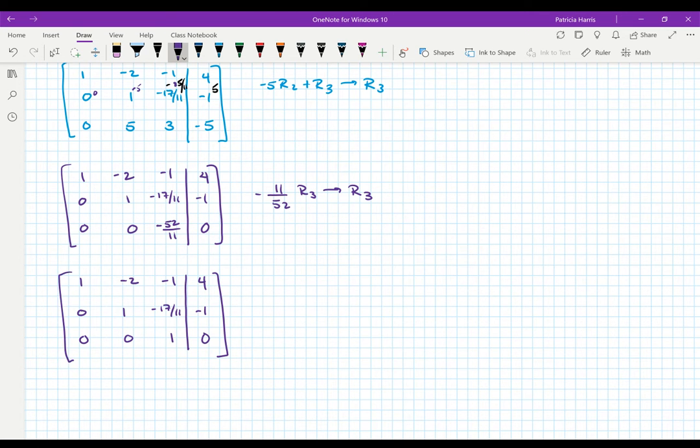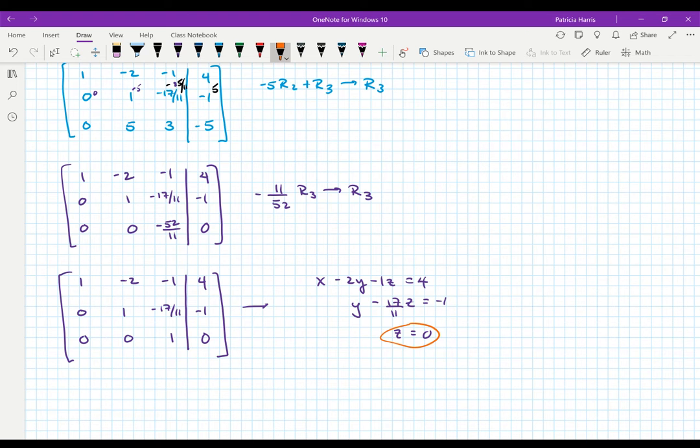Okay, now what this tells me is I have x minus 2y minus 1z is equal to 4. Then I have y minus 17 over 11 z is equal to negative 1. And then I have z is equal to 0. So right now I know who z is.